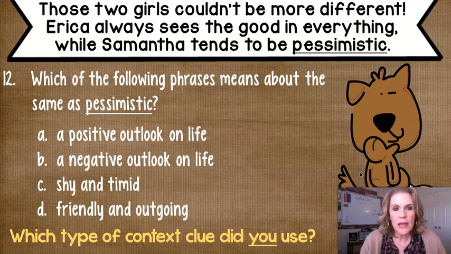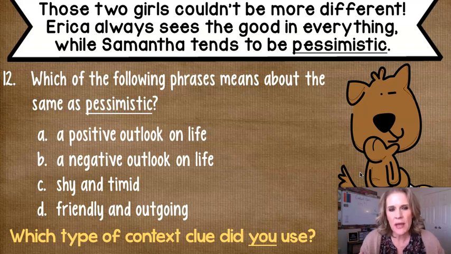We need to go back and look for the clues. It says at the beginning that these two girls are very different. They couldn't be more different. And it says Erica always sees the good in everything. And if they're different, then that means Samantha doesn't see the good in everything. So this one's an example of the antonym or contrast. It's showing us the opposite.